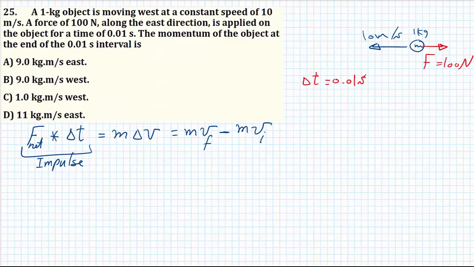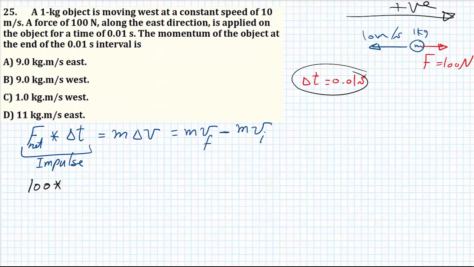So let's take the positive direction to be the right one, the east. So the 100 Newton is positive. So 100 Newton times the time, which is 0.01 second, equals the mass of the object times v final, which is the momentum. This is the final momentum of the object.